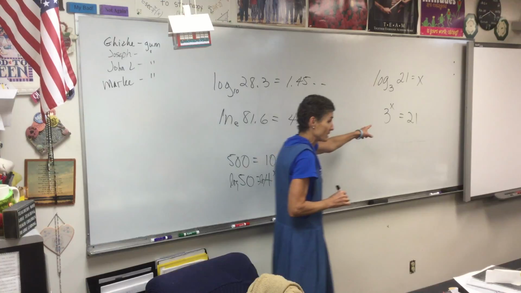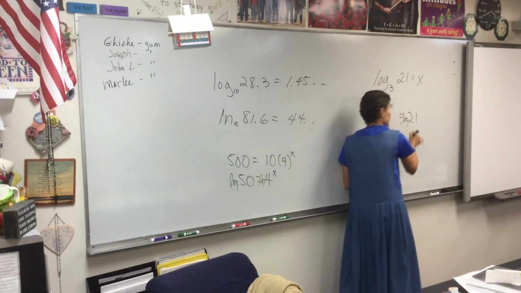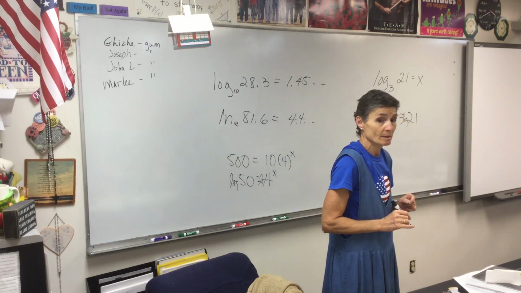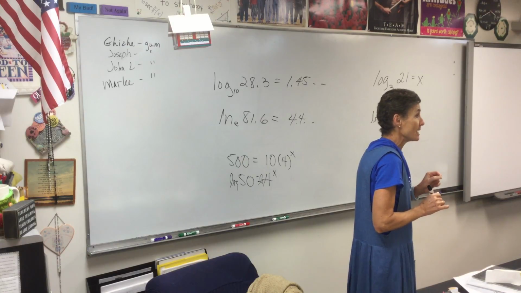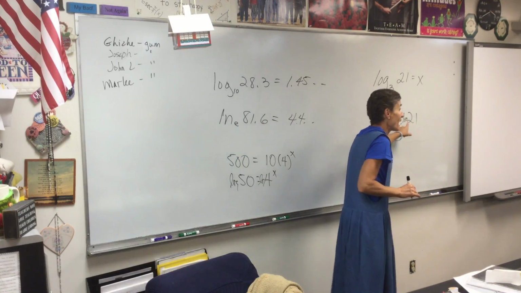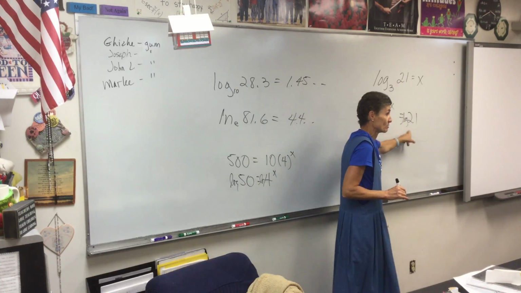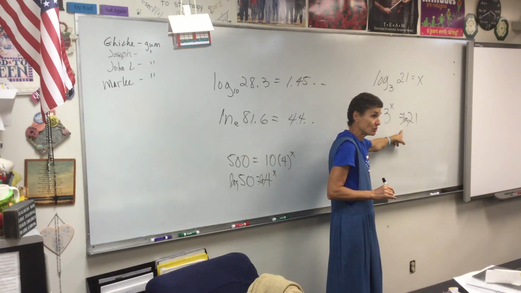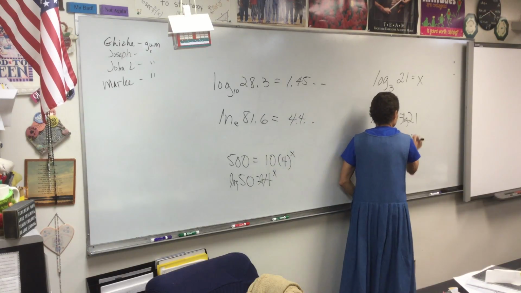So guess what I'm going to do right here? I'm going to take the logarithm of both sides. And notice, the base I'm using is which one? 10. So am I going to be able to type this in on my calculator? Yes, because I got rid of the base I couldn't use by writing it as an exponent. And now I'm taking a base that I can use, so that exponent will come out in front.